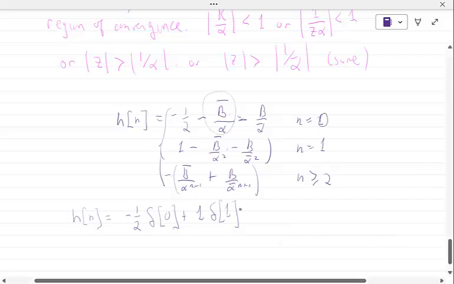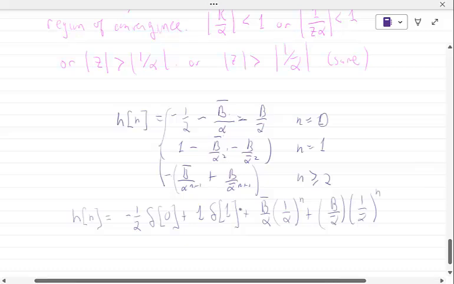Now let me simply generalize the next term as plus beta bar over alpha times 1 over alpha to the n. And then I have beta over alpha bar, 1 over alpha bar.